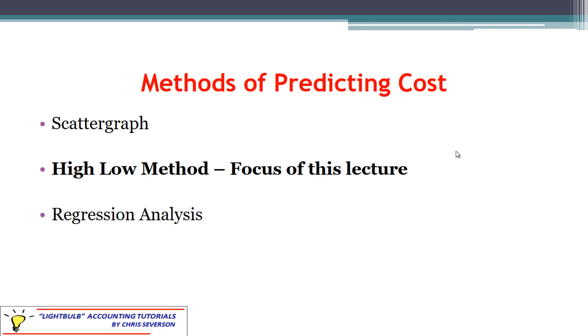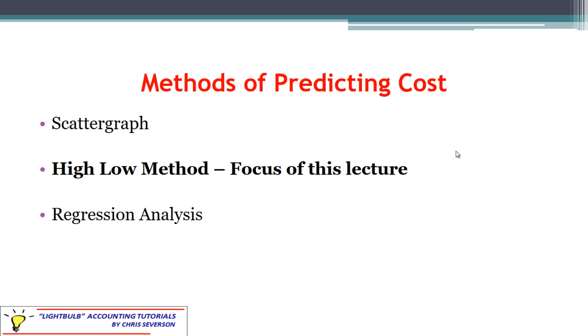So the first method we have is the scatter graph method. We're going to see a little bit of this in a later slide, but basically what it means is you take every single point, you plot it on the graph, and hopefully your points will somewhat represent a line.